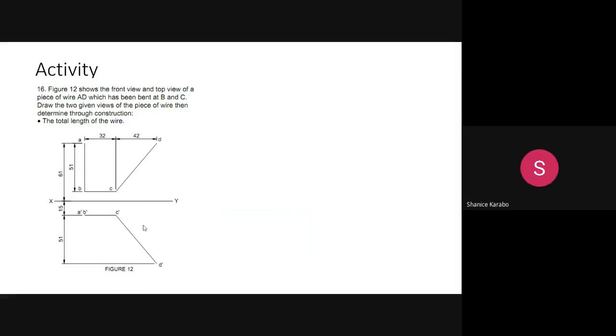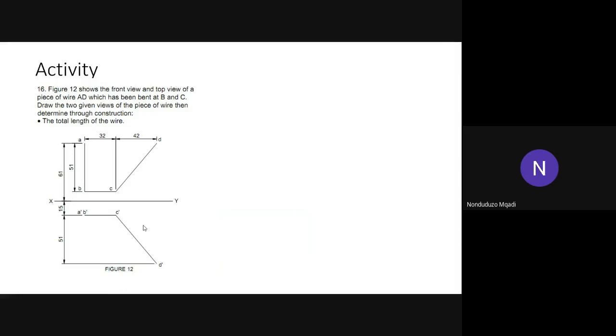Can I please ask first? Yeah. I wanted to ask that from AB to BC and CD, you're gonna add that together to get the true length of the wire. You won't do it separately. Yes. The true length of AB is 51, the true length of BC is 32, and then we're still gonna look for the true length of CD.